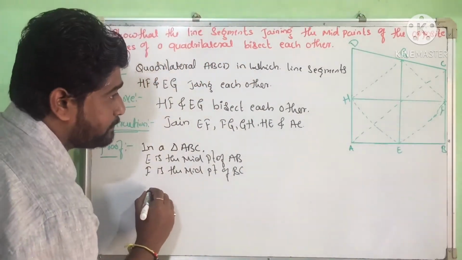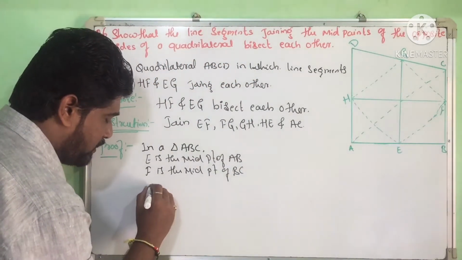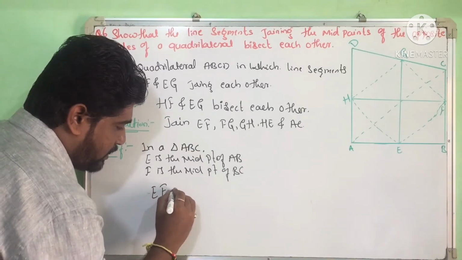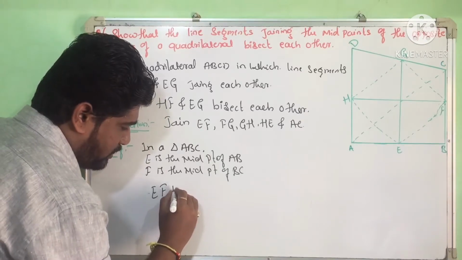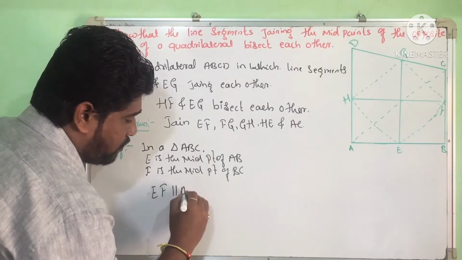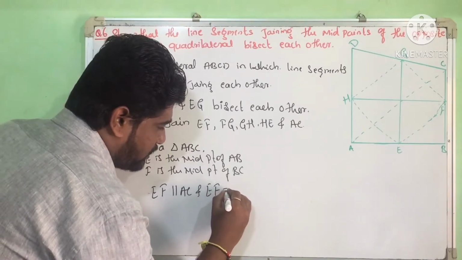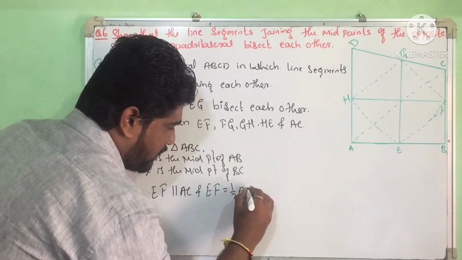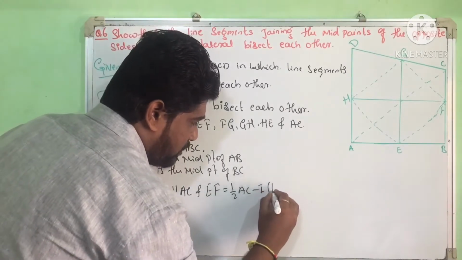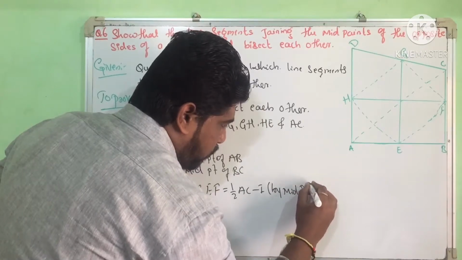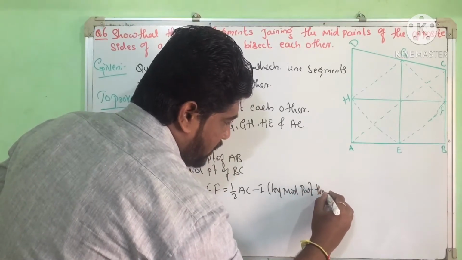So write down here: EF is parallel to AC and EF is half of AC. Call this equation 1 by midpoint theorem.